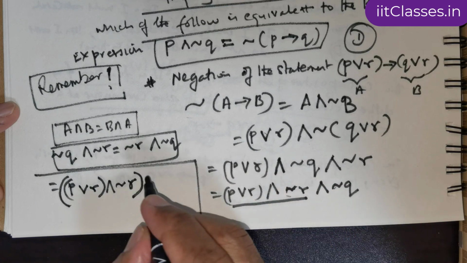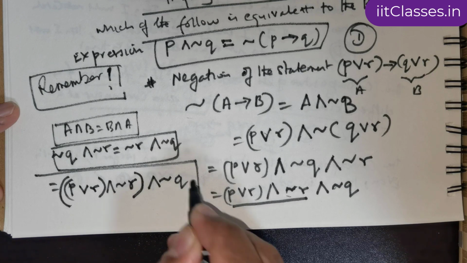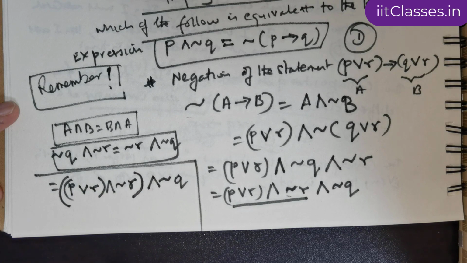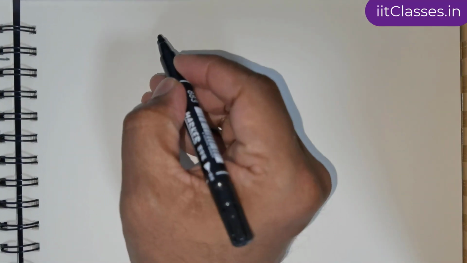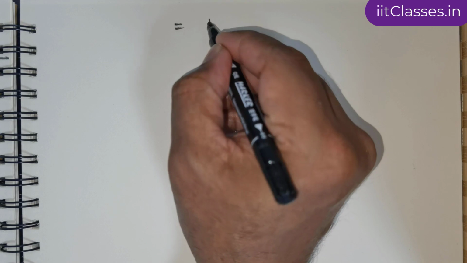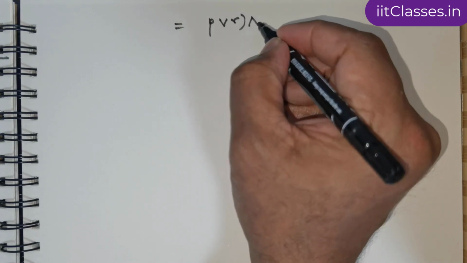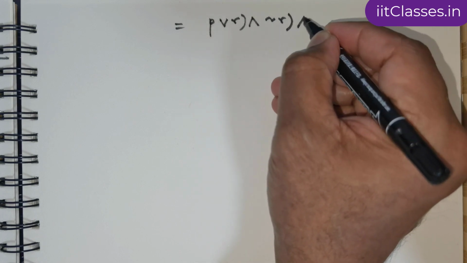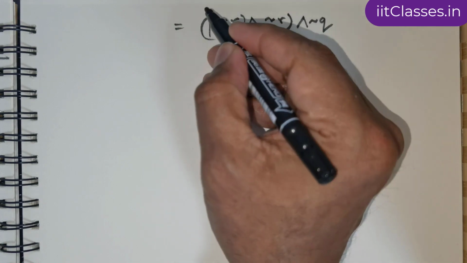I can group them like that, followed by a conjunction of negation of Q. Now this is actually a distributive property. Now let me just show that with some clarity. So this is what we have got. We have got P disjunction R with conjunction of negation of R followed by conjunction of negation of Q. So this is what we have got.